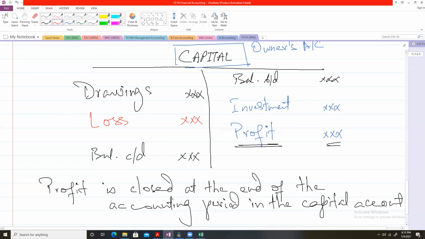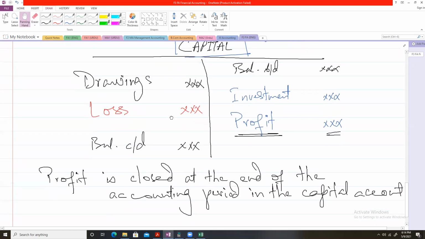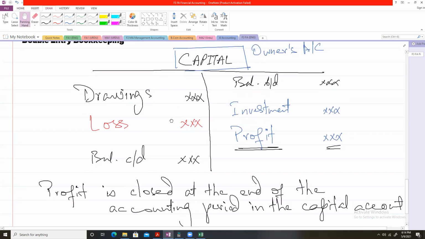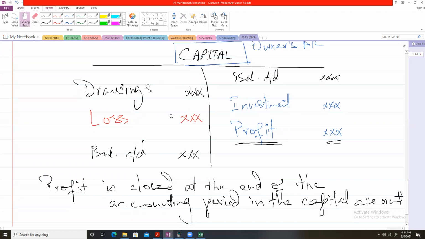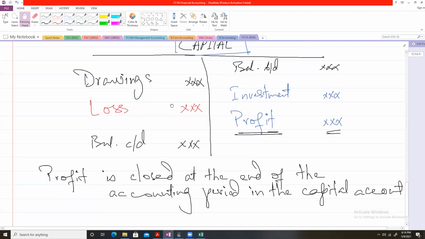The capital account is debited when the capital reduces. That's why we take losses on the debit side. This is how we end up completing the capital account at the end of the accounting period.